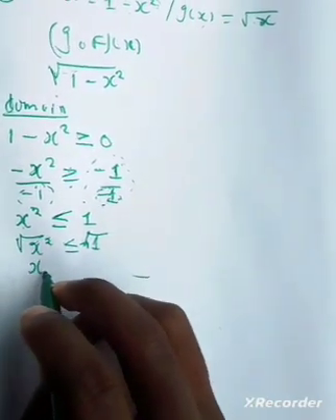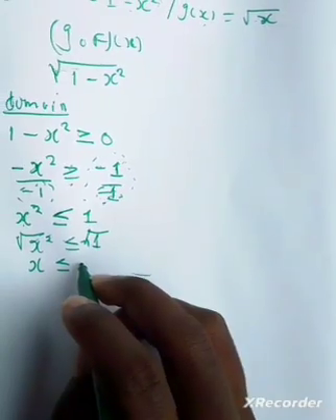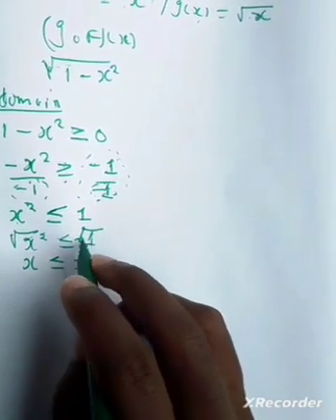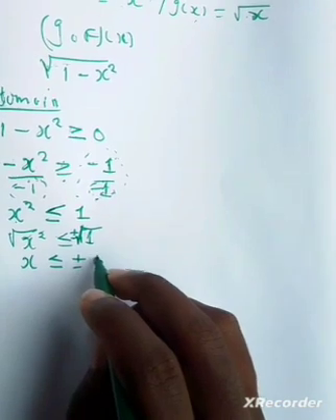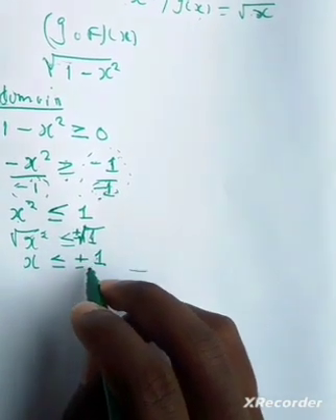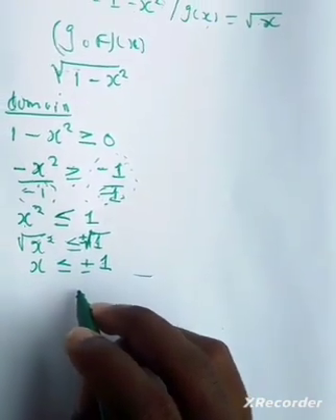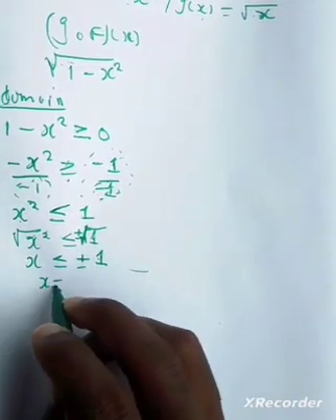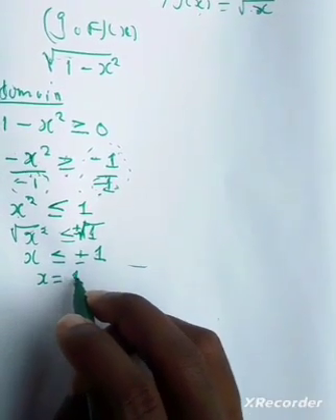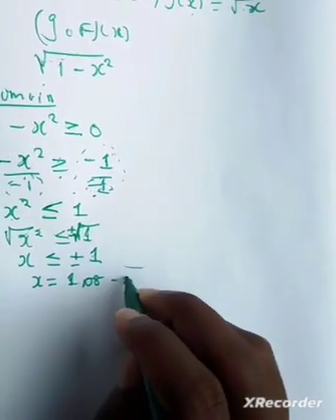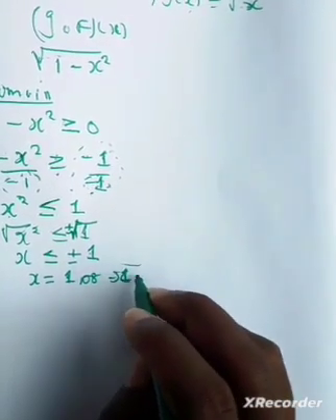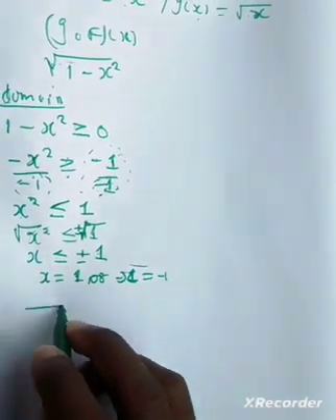So x is going to become plus or minus. When we introduce the square root, plus or minus is introduced. The square root of 1 is 1. So the critical points are going to be positive 1 or negative 1. Or x is equal to negative 1. Let's draw the sign table.